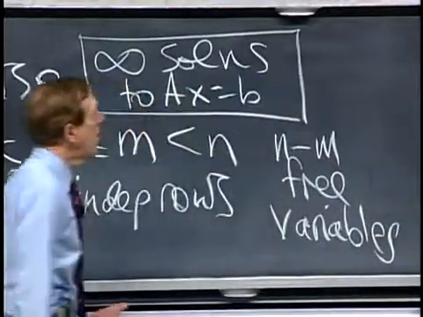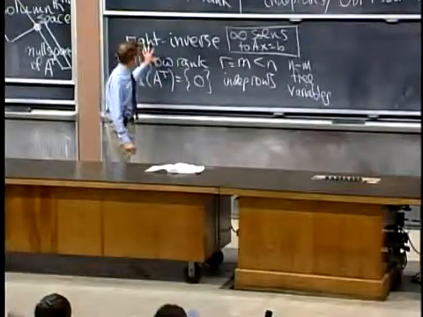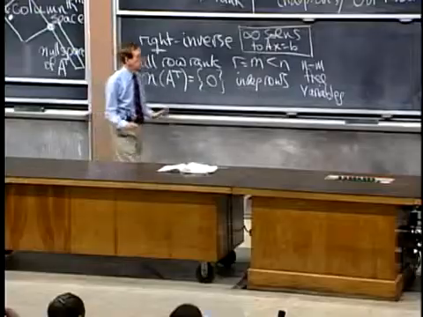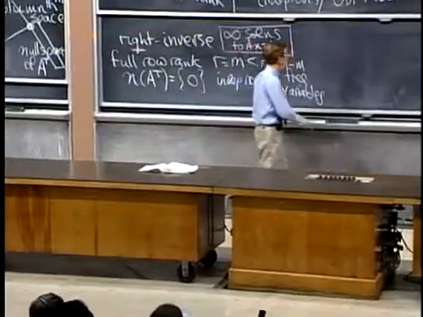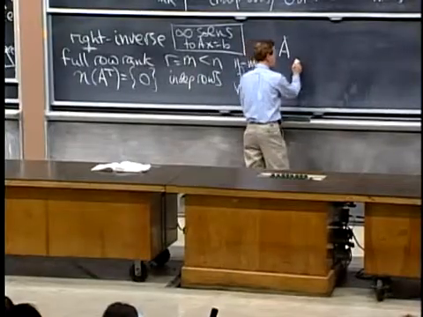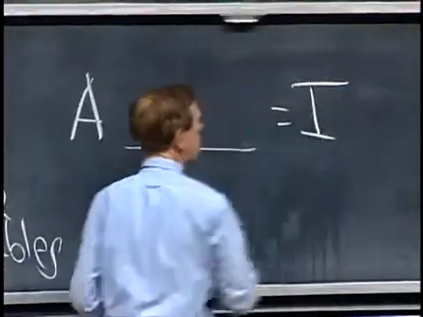Okay. Now I wanted to ask about this idea of a right inverse. So I'm going to have a matrix A, and now there's going to be some inverse on the right that will give the identity matrix.